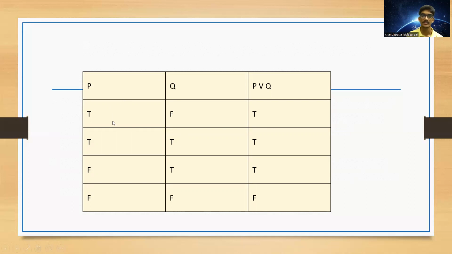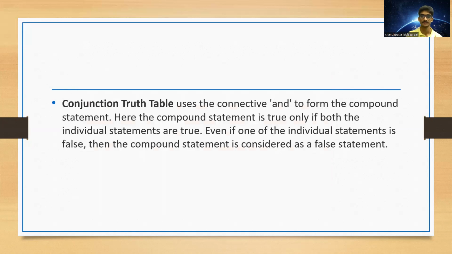So true or false, the output is true. True or true, the output is true. False or true, the output is true. False or false, the output is false. So in the disjunction compound statement, the statement will be true if either one statement is true, and if both statements are false, then the output will be false.